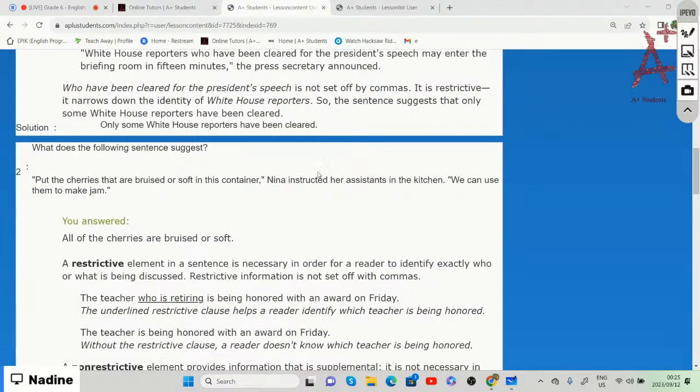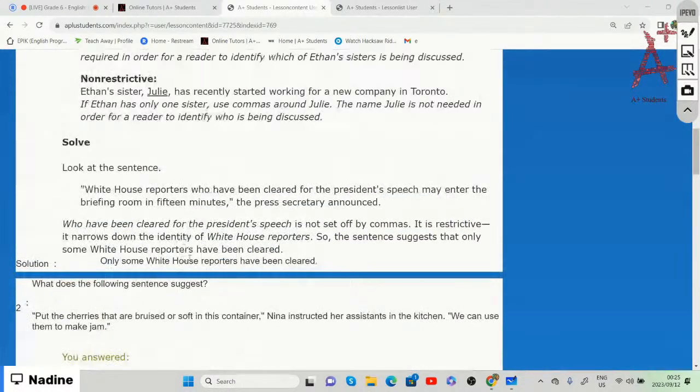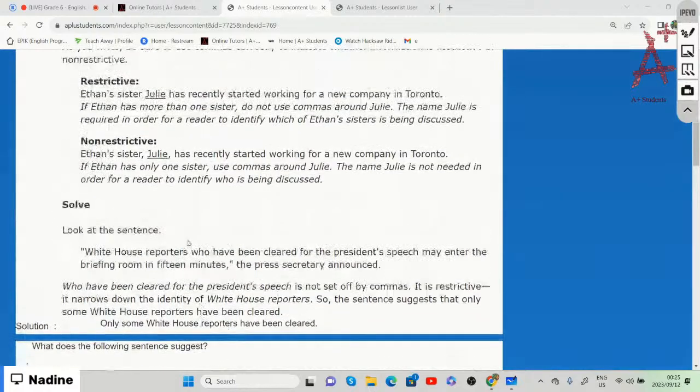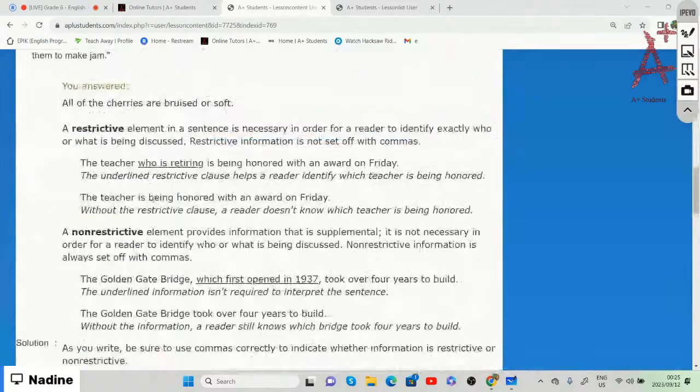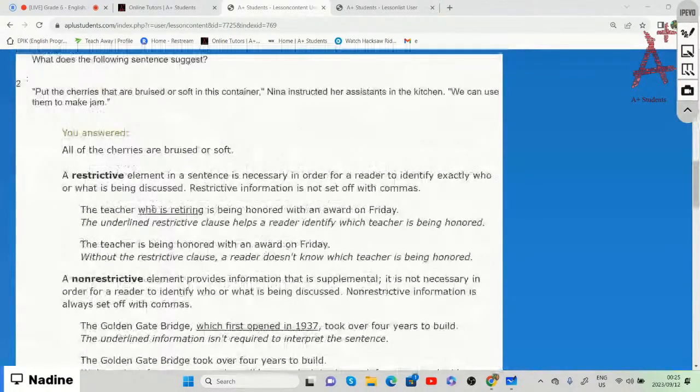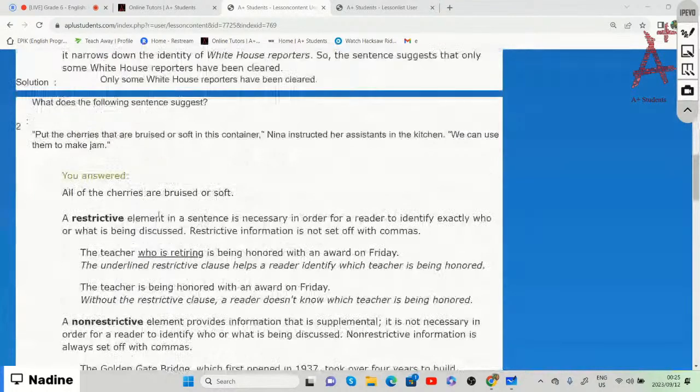All right. What does the following sentence suggest?